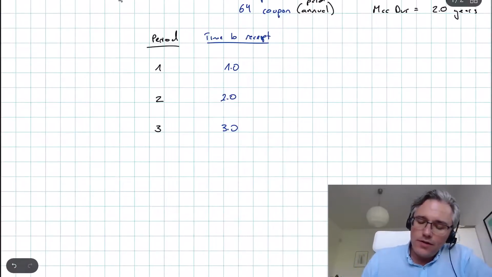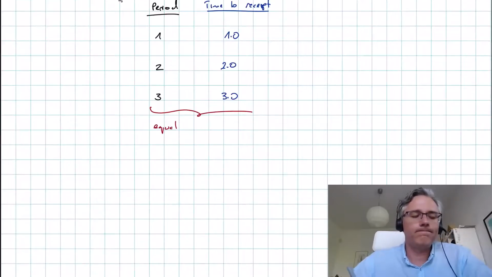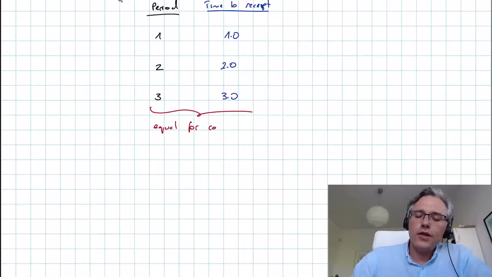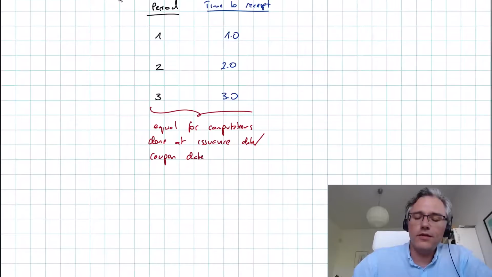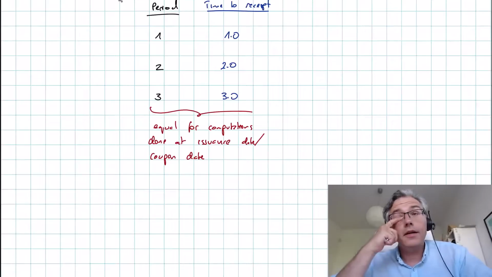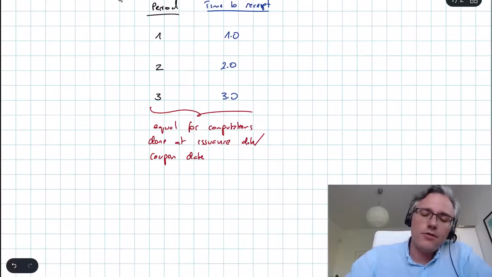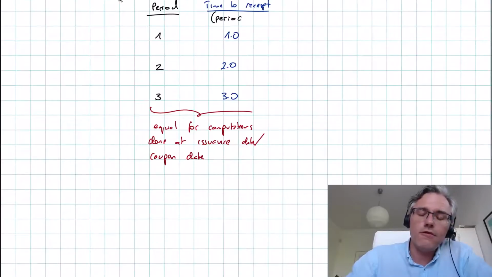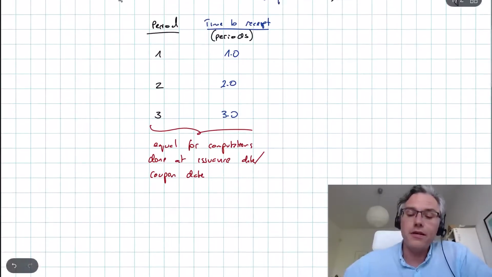To be honest, these two columns are going to be equal for all the computations that you do at the issuance date of a bond's issue, or if you do a computation at a coupon date, just after a coupon has been paid, and you have a full interest period until the next coupon is received. Time to receipt, think of this in terms of periods. It's better than to assume that this is always going to be years.